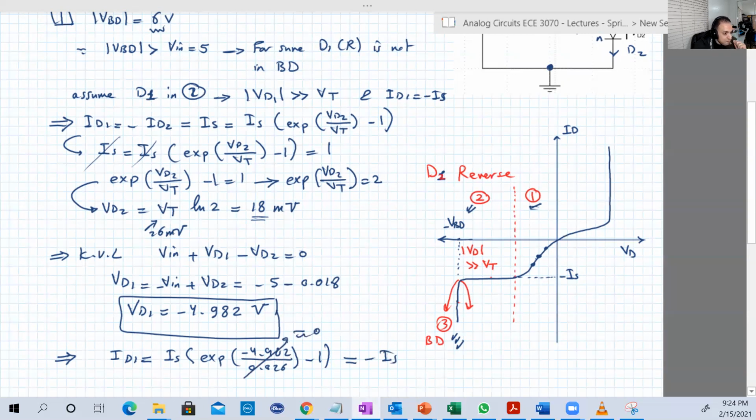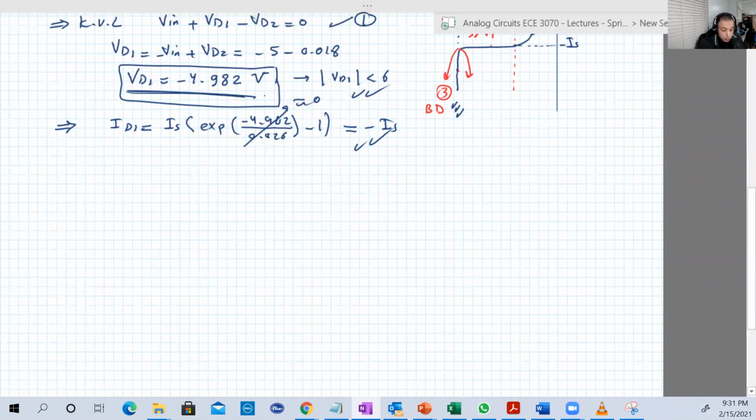Another verification here, we said that it's not in breakdown. So the magnitude of VD1 should be less than 6. And this is also less than 6 as a magnitude. So we have two checks here. Okay, so that's basically part A. So let's now do number 2.